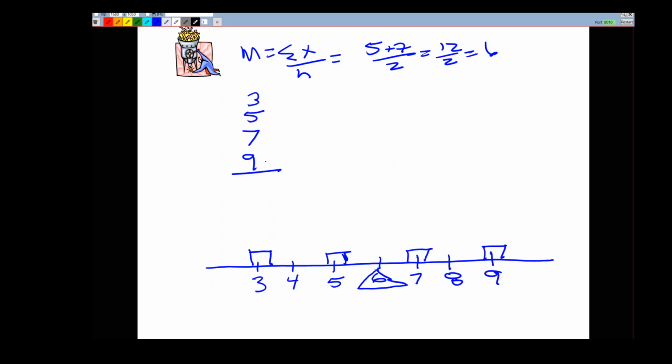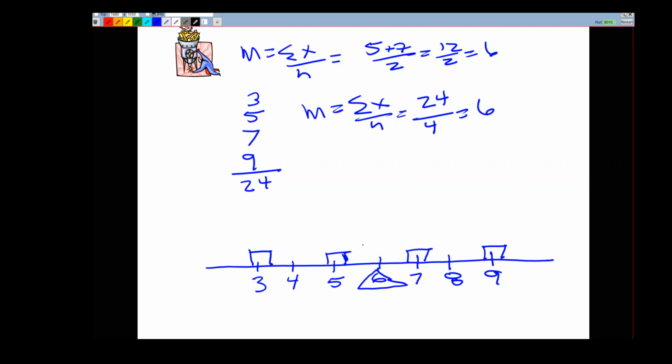If I sum those up, so 3, 5, 7, and 9, it's 16 plus 8 is 24. So M equals the sum of x over n, which will equal, in this case, 24 divided by 4 equals 6.